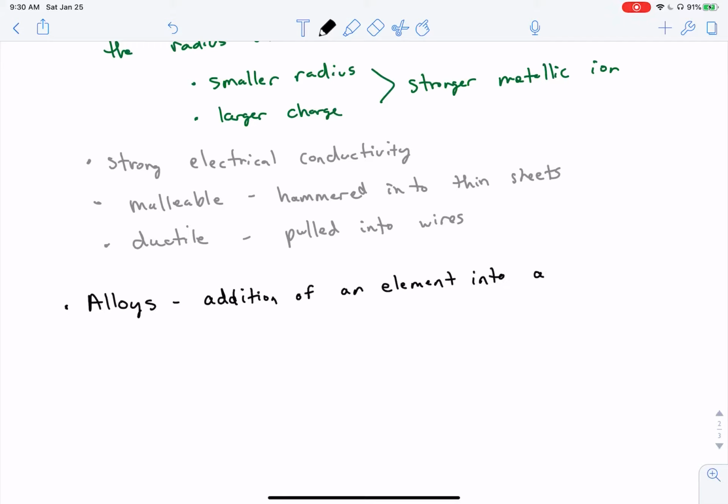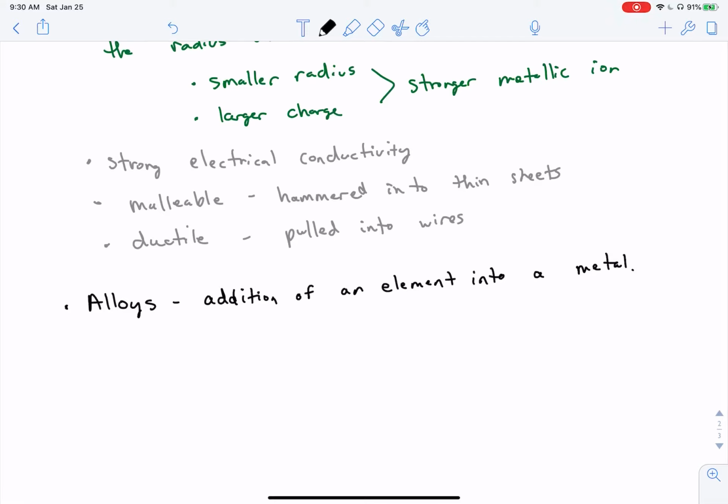Think of it kind of like a solid solution. You're dispersing this additional element throughout the metal lattice, and it gives it different properties. Things like steel. Steel is an alloy. You have iron, and you mix in carbon or graphite with it to give it different properties.